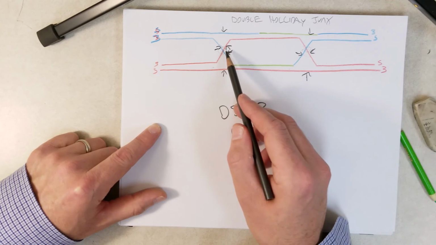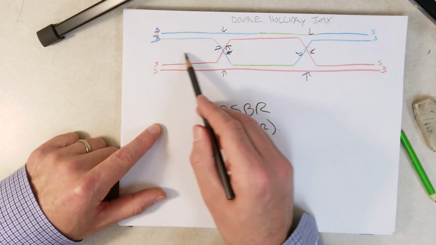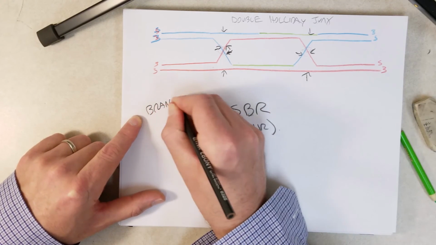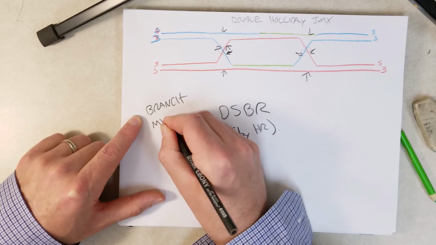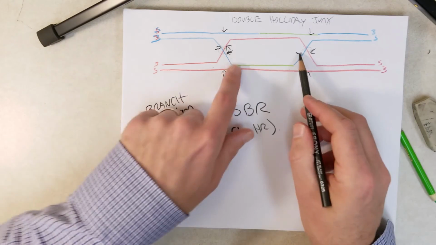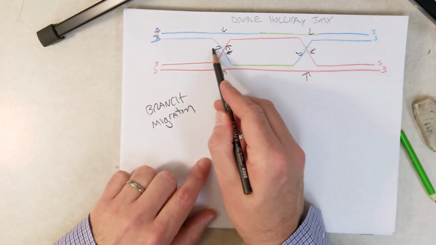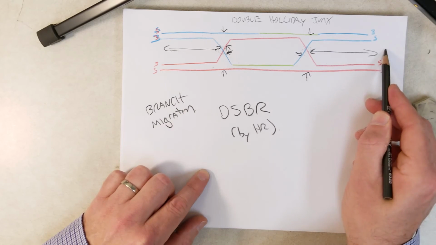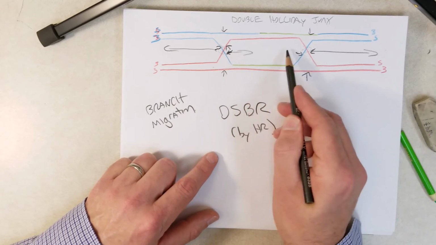So we can have migration of these junctions or branches. It's officially called branch migration. So these junctions can move. This one can move that way, and this one can move that way, or they can come closer together.